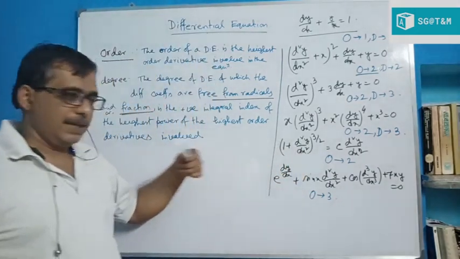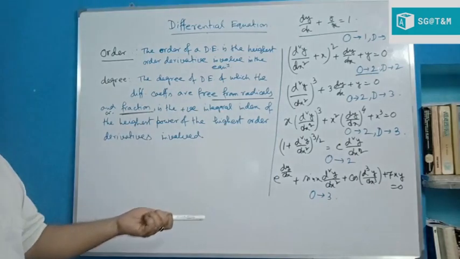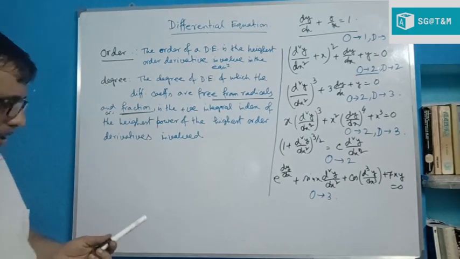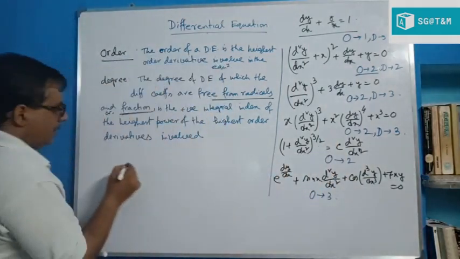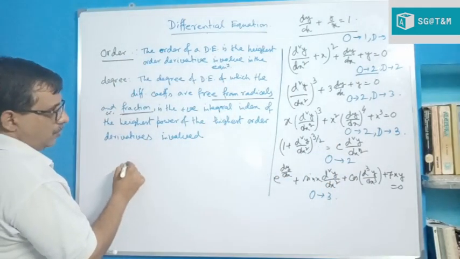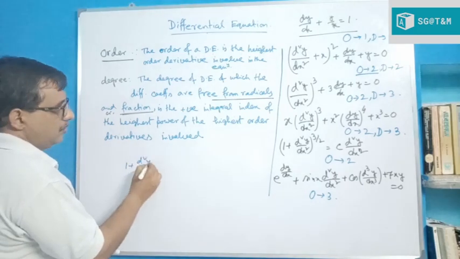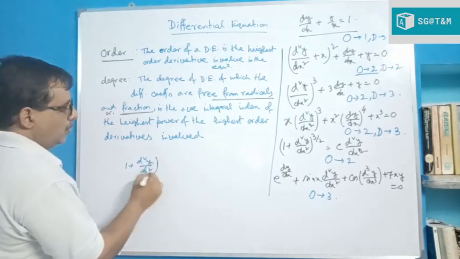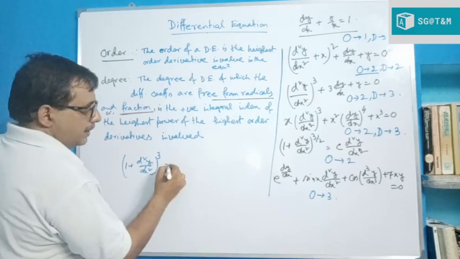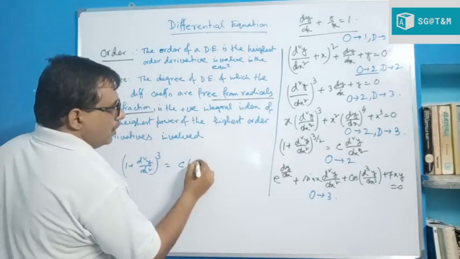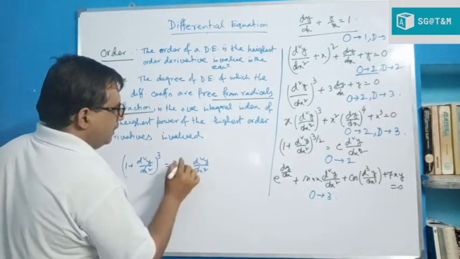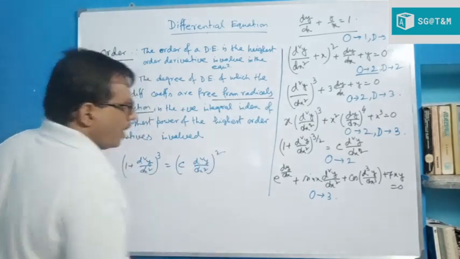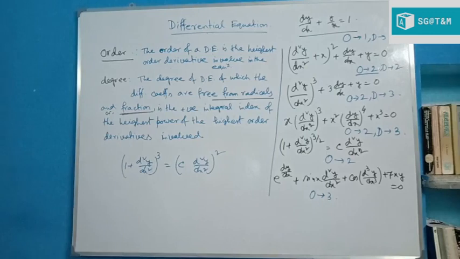So we must express it in positive integral power. Squaring both sides, we get 1 plus (d²y/dx²) whole to the power 3 equals c into d²y/dx² whole squared.